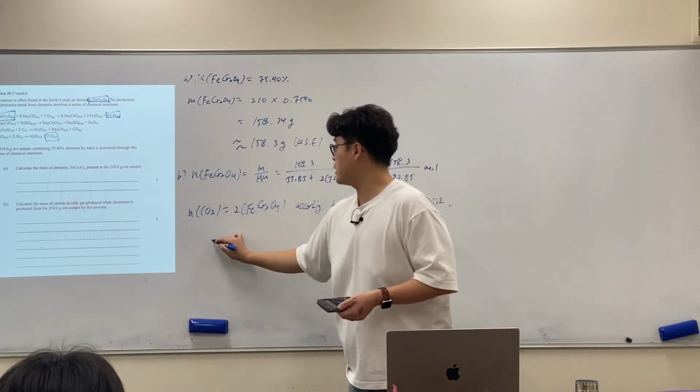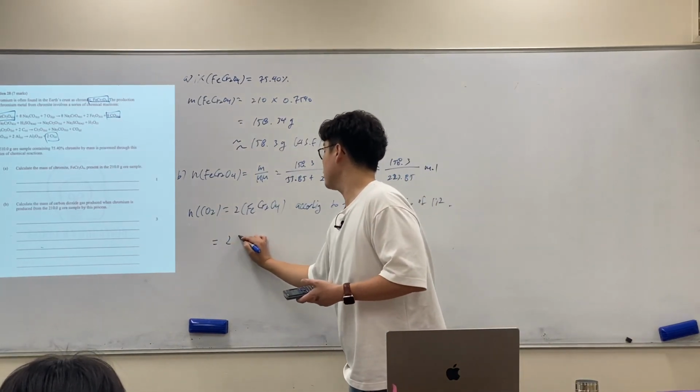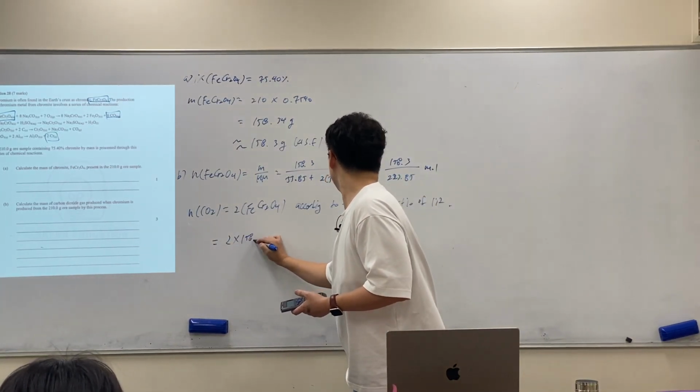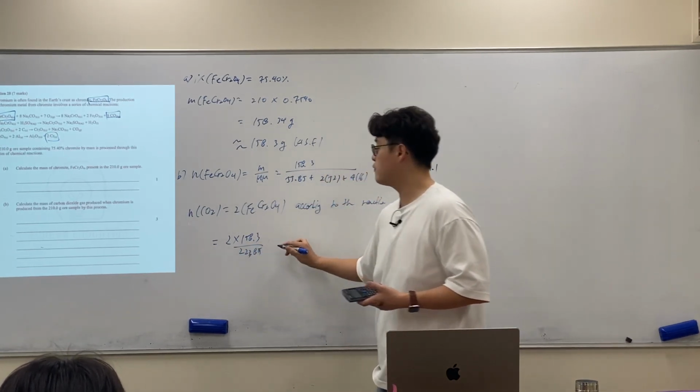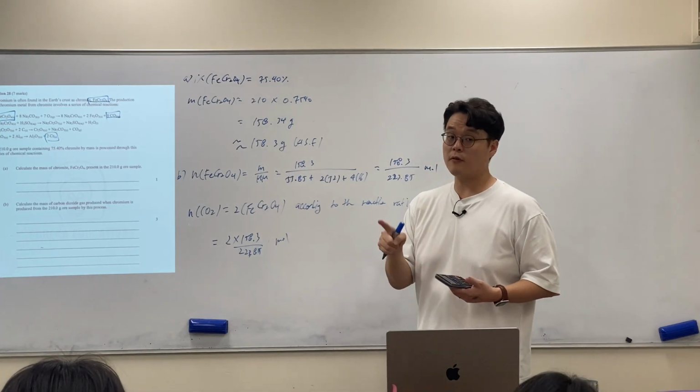So this is 2 times that, so you can show 2 times 158.3 over 223.85. Leave that here yet, as we need to find the mass.